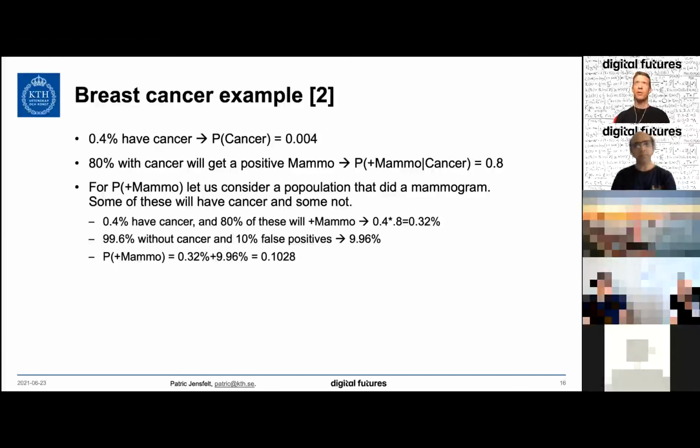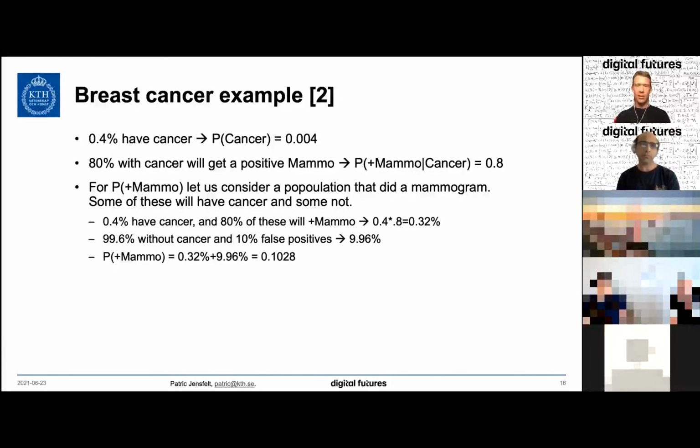We also know that since there is 0.4% that have cancer, it's 99.6%, so 100% minus 0.4%, that don't have cancer. And we know that of those that didn't have cancer, about 10% resulted in a false positive mammogram. So that gives us 9.96% that got a positive mammogram result. So those two contributions are the ones that give us the prior for a positive mammogram, which then turns out to be about 10%.